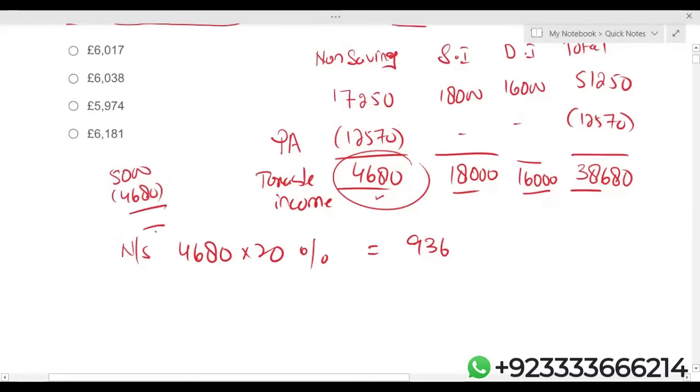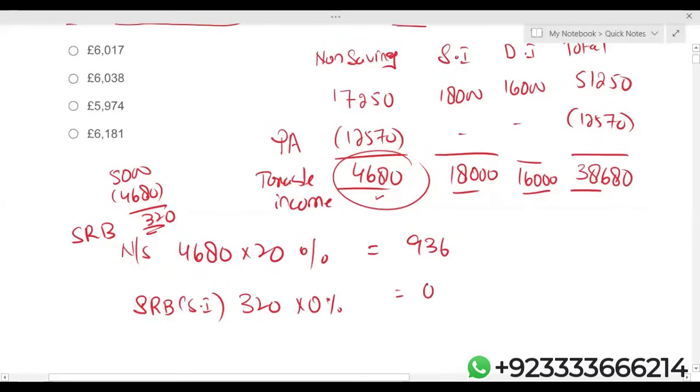So let's see how much space is left for the starting rate band. 5,000 minus 4,680. So we still have a space in the starting rate band, 320. Starting rate band, of course, saving income. 320 into 0% is obviously 0.